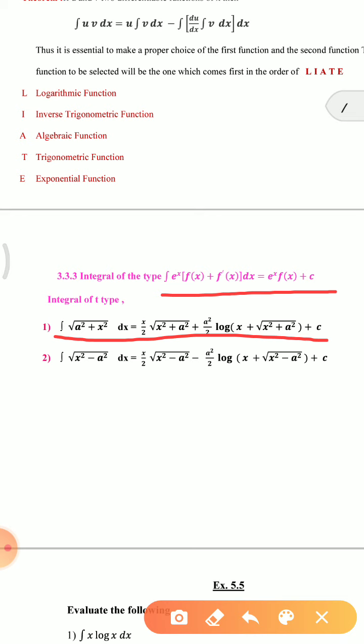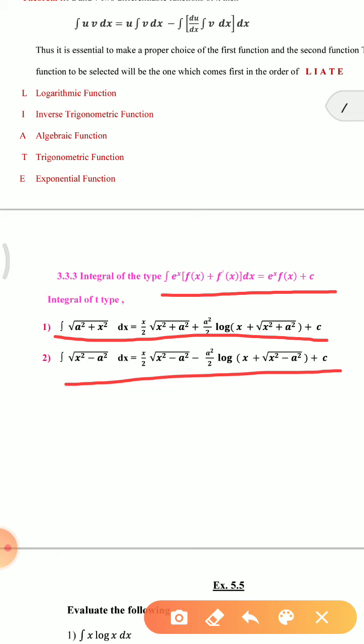And the second one, integration under root of x square minus a square dx is equal to x by 2 under root of x square minus a square by 2 log of in bracket x plus under root of x square minus a square plus c. These are two types of integration, that is, two results we have to see without proof.